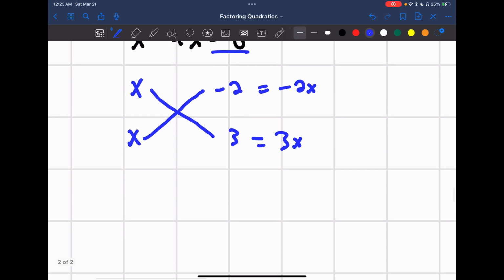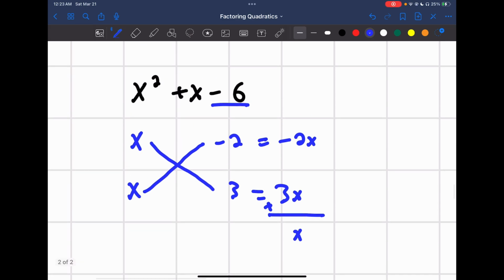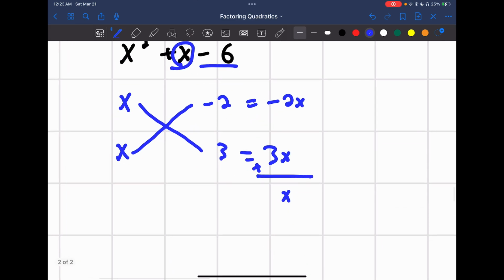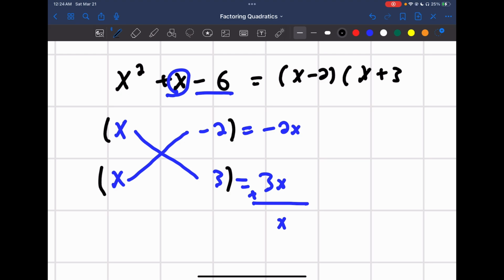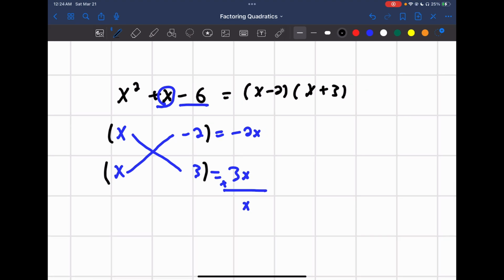Minus 2x plus 3x is equal to x, which is the same as our middle term. So now we know x minus 2 times x plus 3 are factors. So x minus 2 times x plus 3, and that is our factored form.